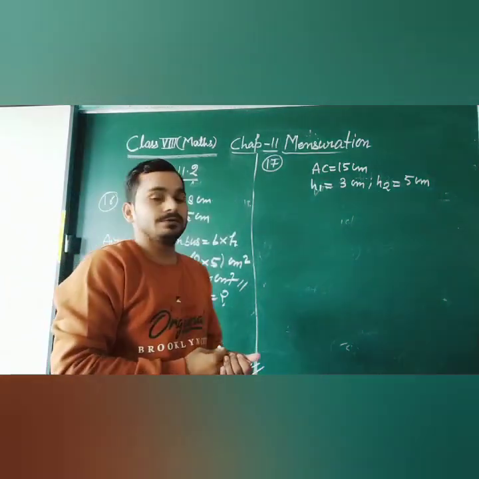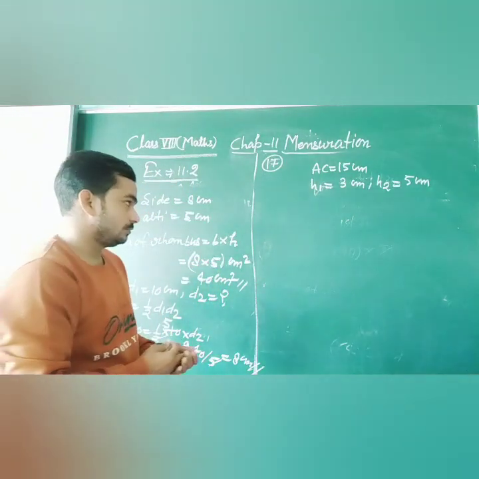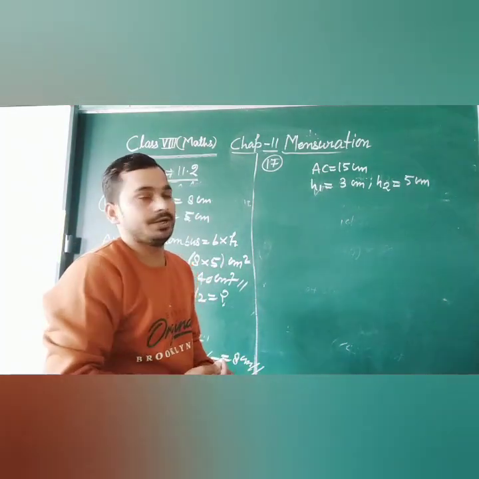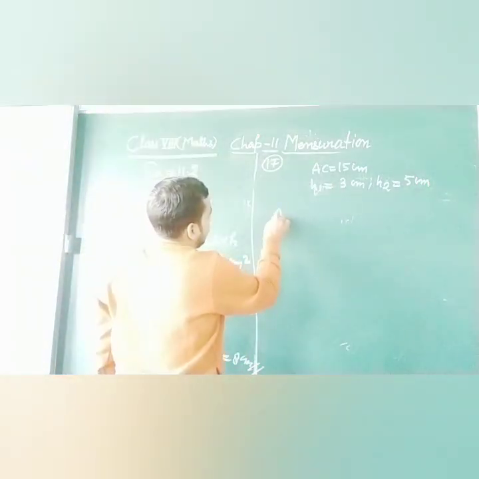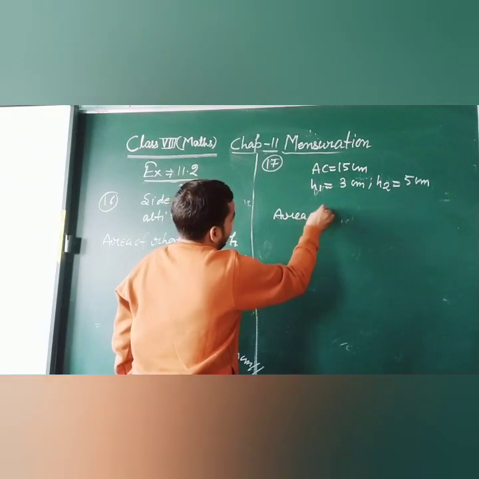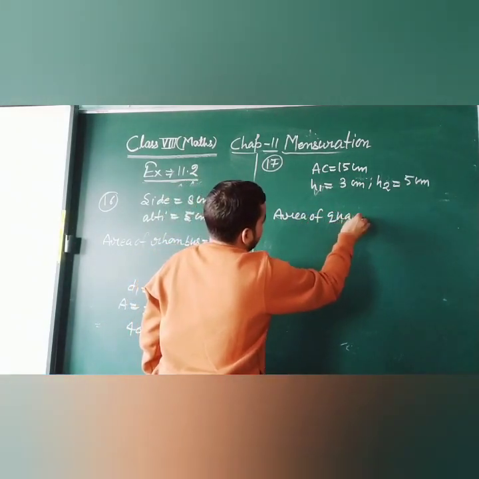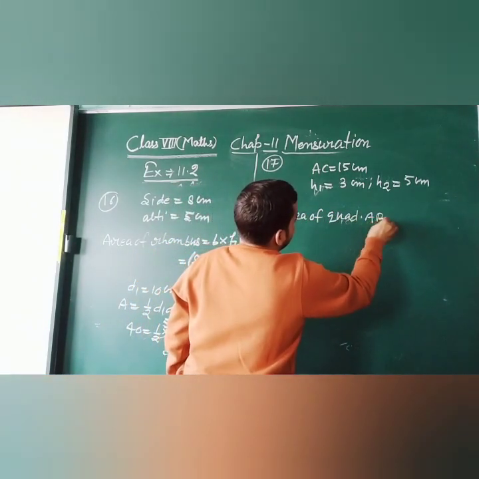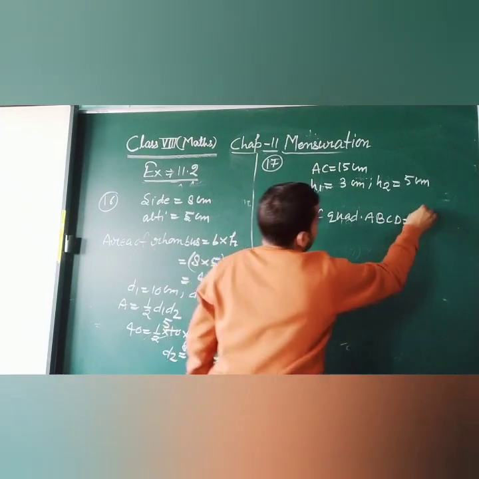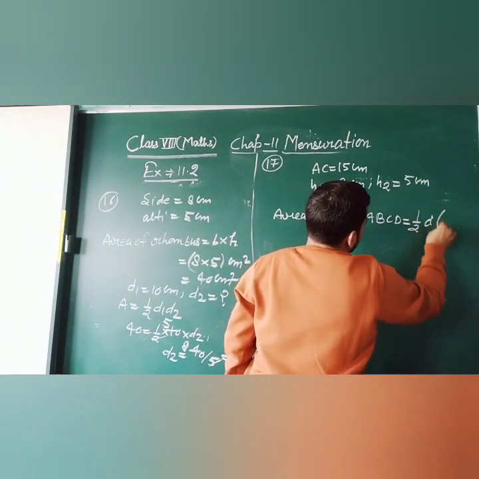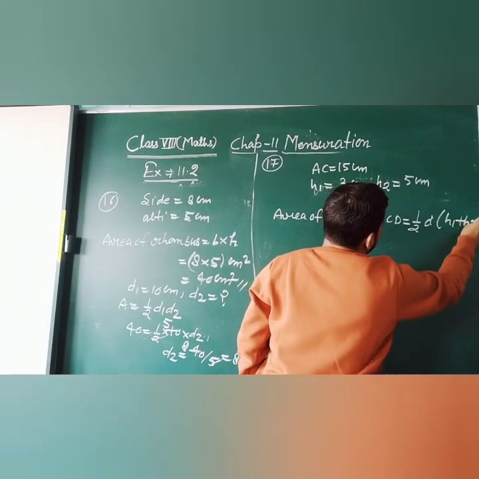Then apply the formula of area of quadrilateral: 1 by 2 into diagonal multiplied with the sum of heights. Area of quadrilateral ABCD equals 1 by 2 diagonal into H1 plus H2.